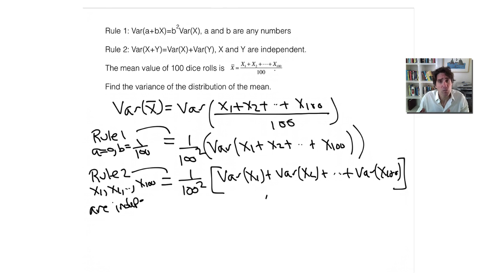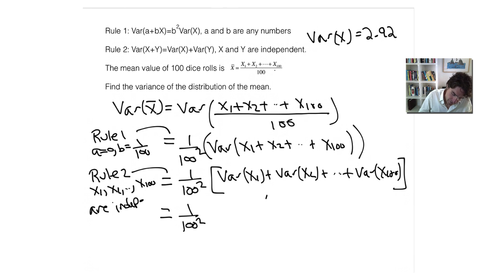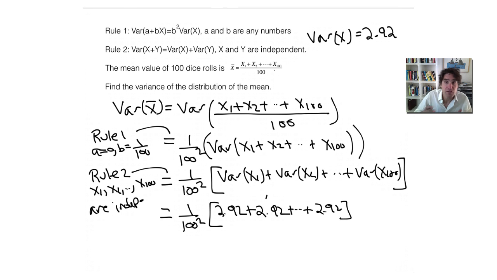But the variance on each roll is the same, and we worked that out in another video to be 2.92. So the variance of any individual x is equal to 2.92. So now this is 1 over 100 squared times 2.92 plus 2.92 plus 2.92, which is 2.92 added 100 times.